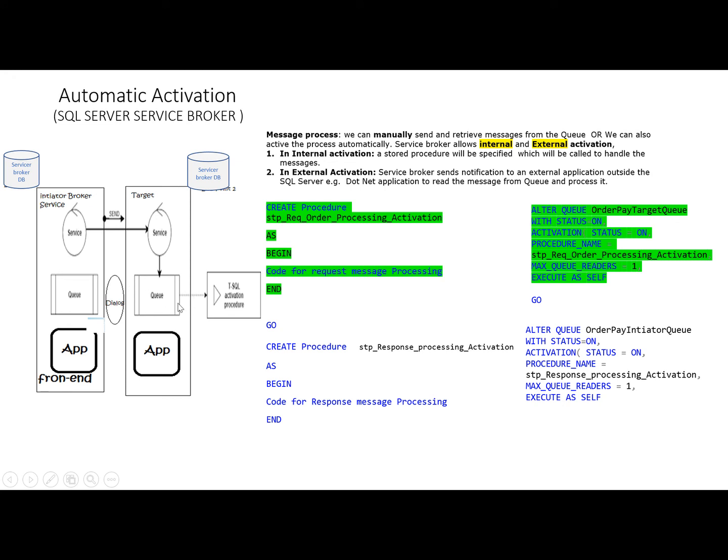So to know when this procedure is called, what this procedure did, what time the target queue called the internal activation, and what this target queue did, to see all these activities, I will create a temporary table.